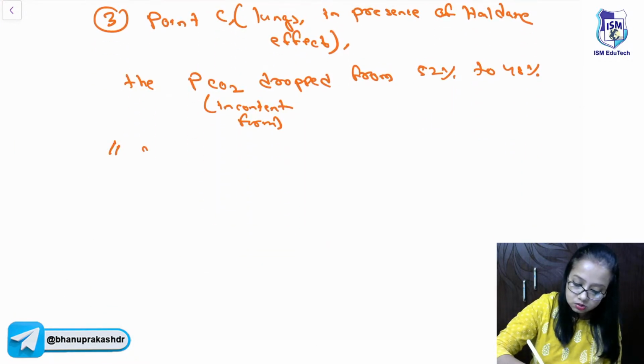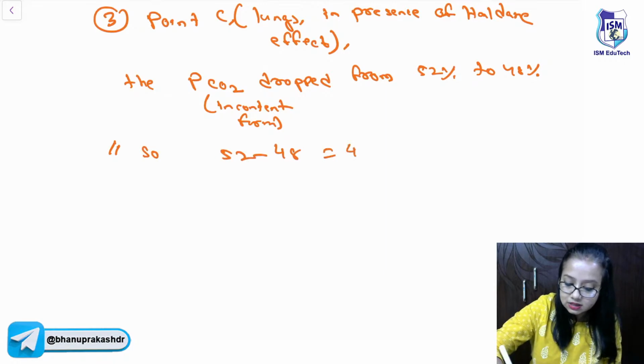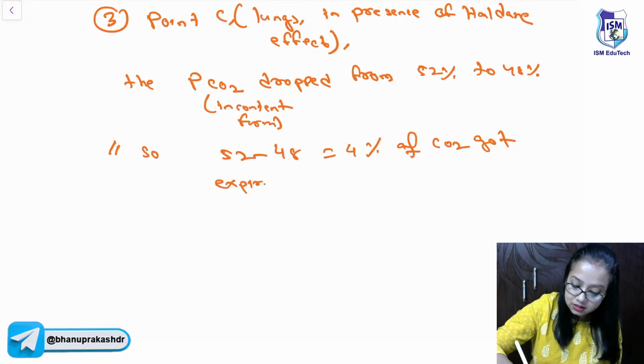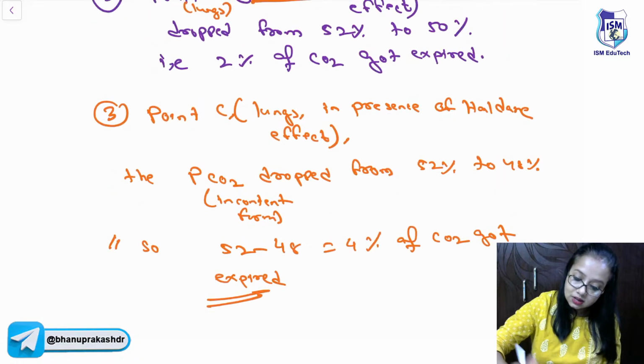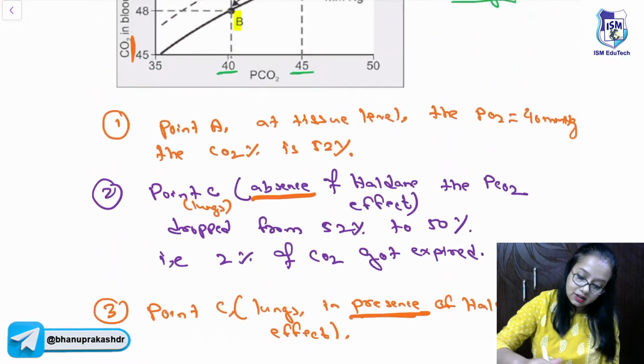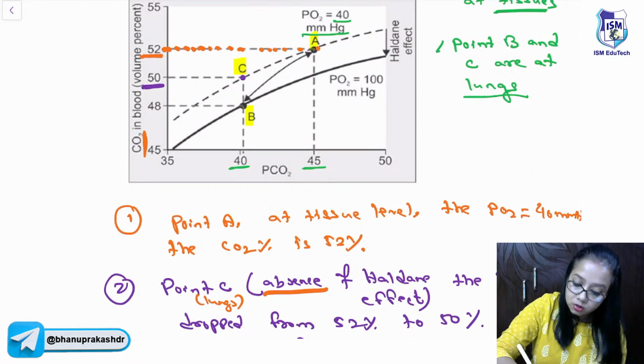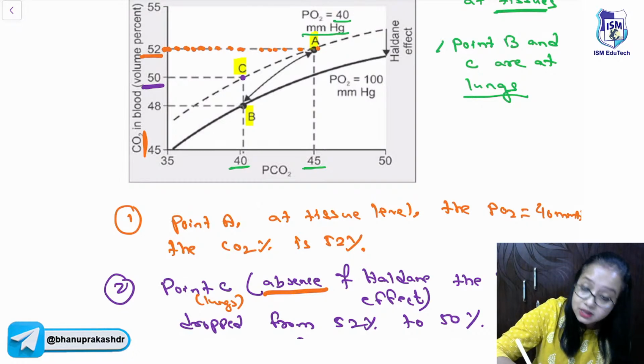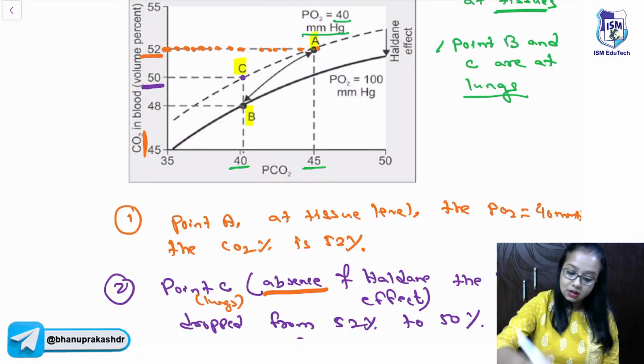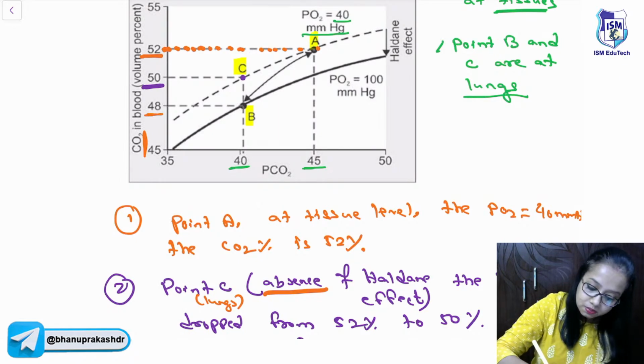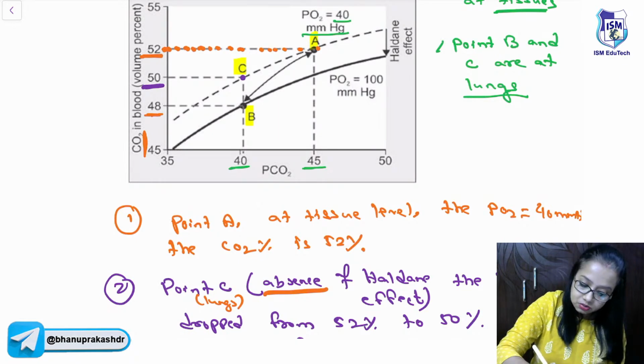So 52 minus 48, that is 4% of carbon dioxide got expired. So in presence of the Haldane effect, if we look again at point B, which is also happening at the level of the lungs, because here the partial pressure of carbon dioxide is 40, the content drops from 52 all the way to 48.